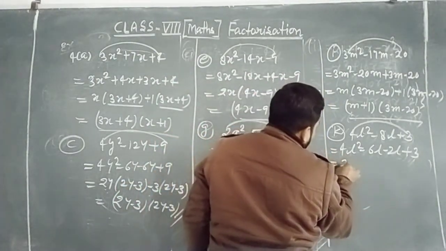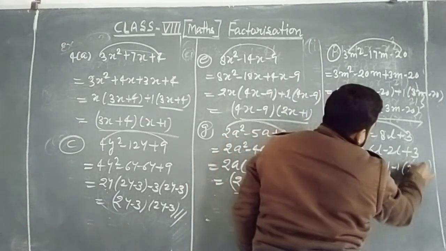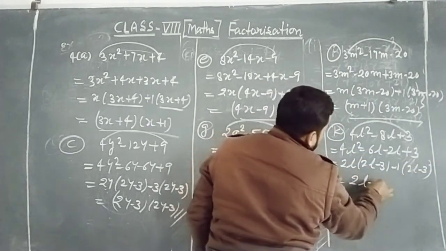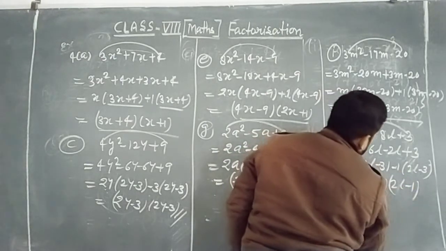Taking common 2l, minus 3, minus 1 is common, 2l minus 3. The factors are 2l minus 3 and 2l minus 1.